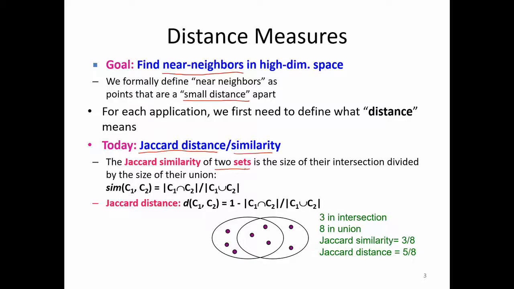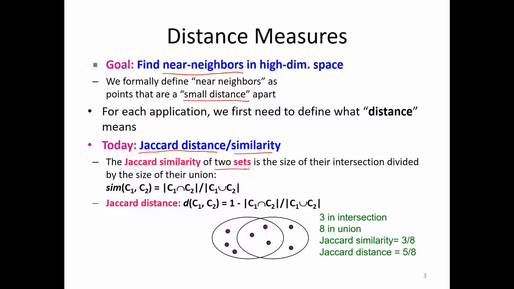In that situation, you can think of each point in high dimensional space as a set, and you can think of Jaccard similarity between two sets as the size of their intersection divided by the size of their union.